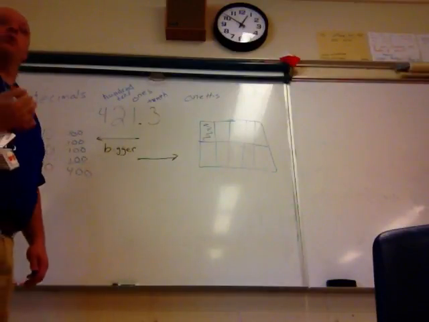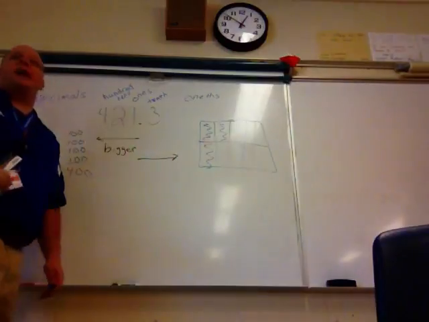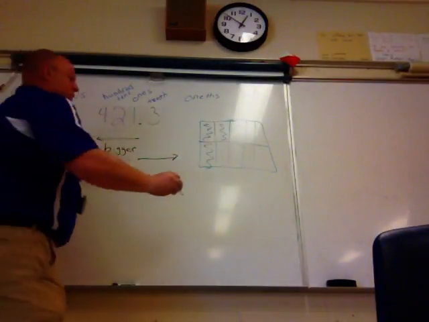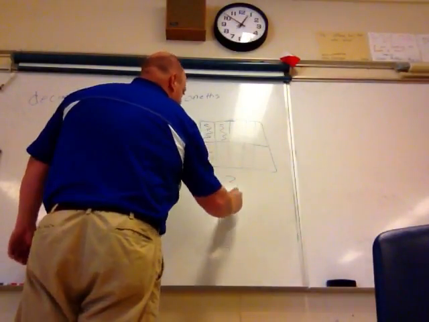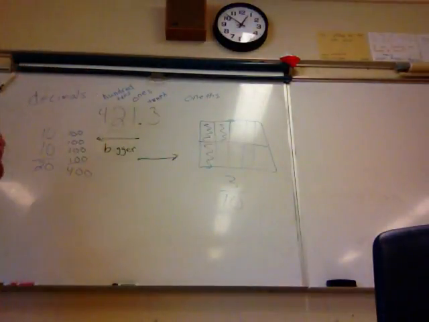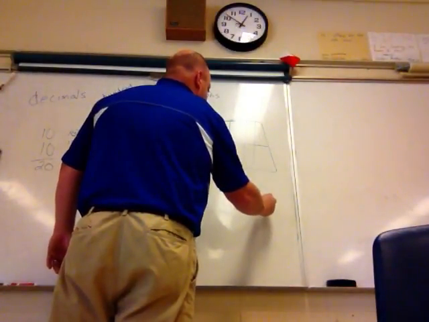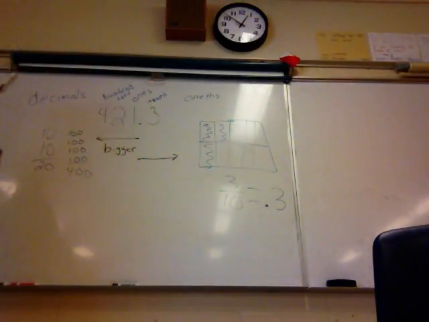So if we have 3 of these tenths, we have 3 colored in. 3 tenths. Exactly. In the land of fractions, we can go, oh, Mr. Adamson, there's 3 parts shaded, there's 10 parts in all. And we just did fractions, so that should go without being said. That equals that. Okay, it's the exact same part.